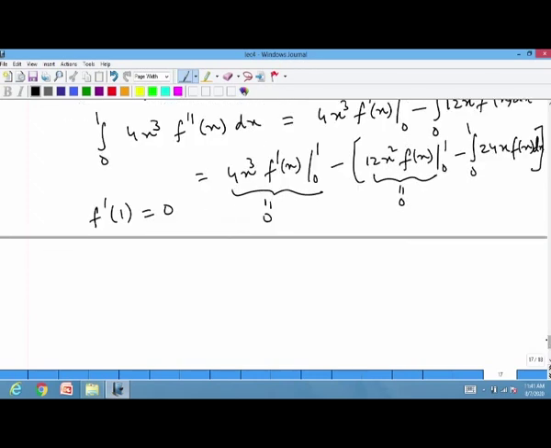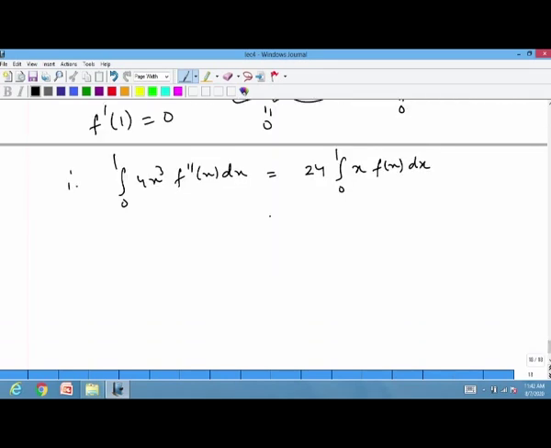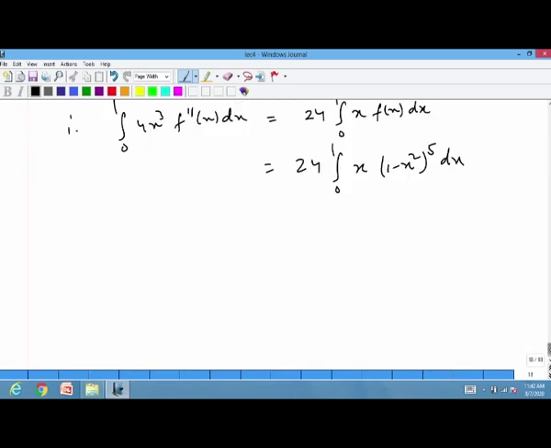So, the integral from 0 to 1 of 4x cubed times f double prime x dx is equal to 24 times the integral from 0 to 1 of x times f x dx. So, this is equal to 24 times the integral from 0 to 1 of x times (1 minus x squared) to the power 5 dx. Now, this can be easily integrated.